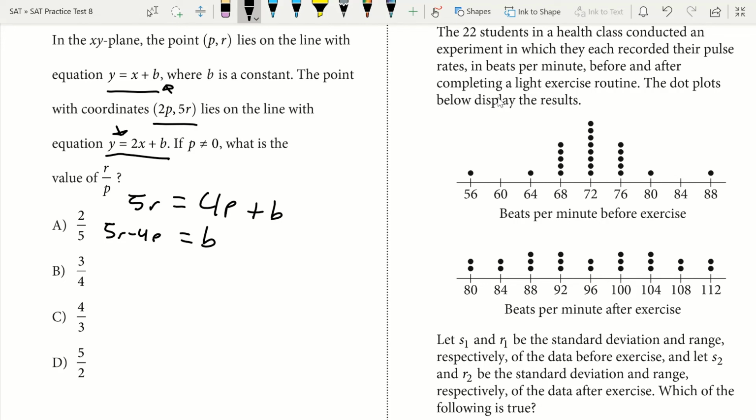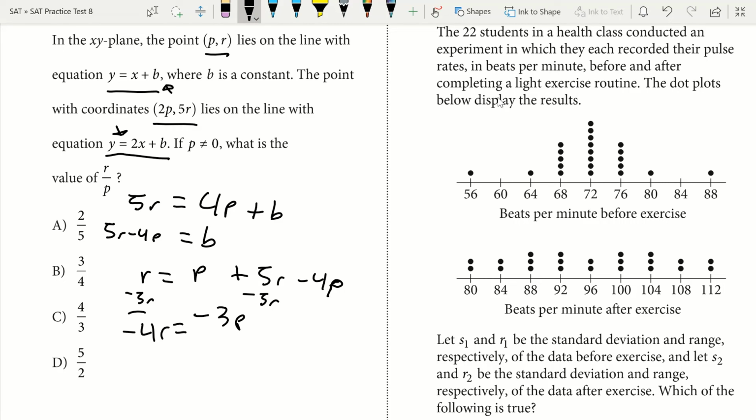So I'm going to plug that into my equation y equals x plus b with my point p, r. Well, r is going to be my y value. So r will be y, and that's going to equal p, our x value, plus b. We're told b is 5r minus 4p. Okay, so p minus 4p is going to give me negative 3p. And then when I subtract 5r from each side, I get negative 4r equals negative 3p.